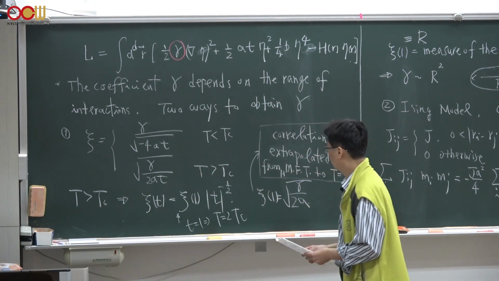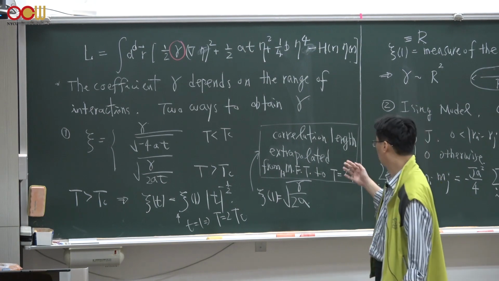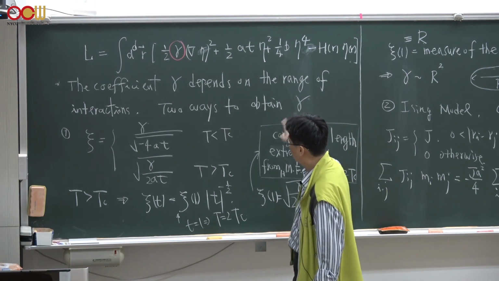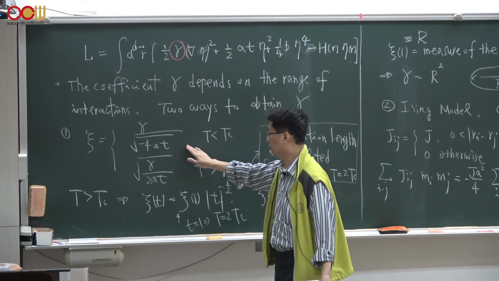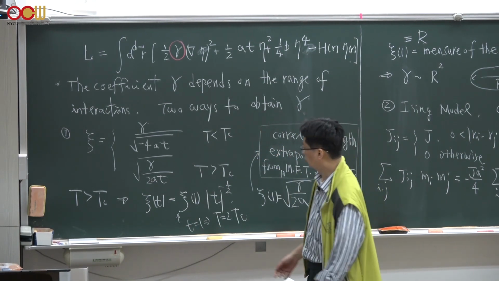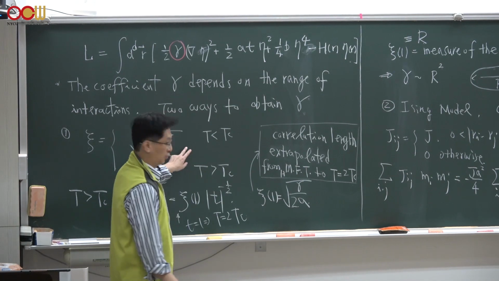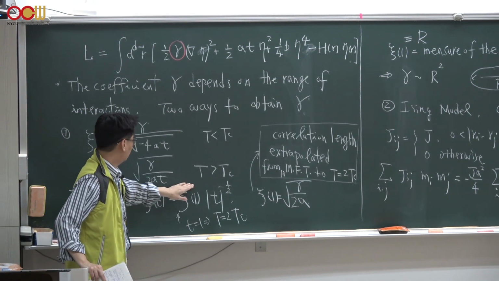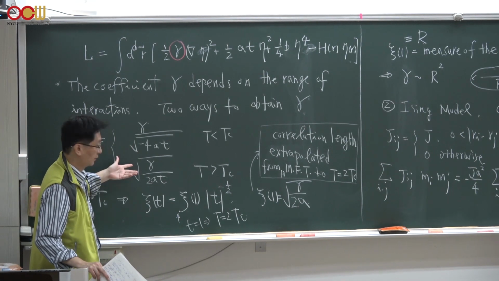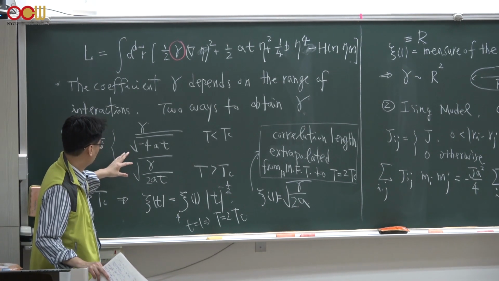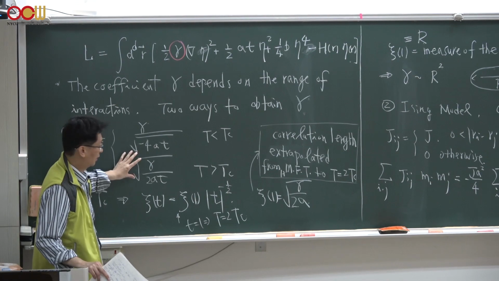There are two ways to get the relation between this coefficient gamma and the range of interaction. The first way is to calculate, again, the correlation lengths near the transition, both below and above Tc. We know very well that these have two forms, and they differ simply by a factor of 2 in the denominator.